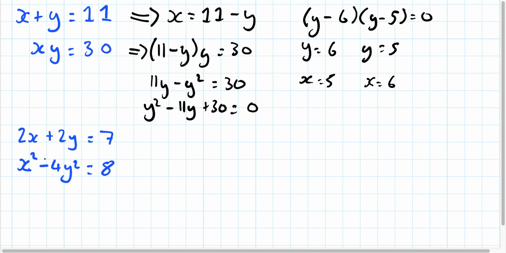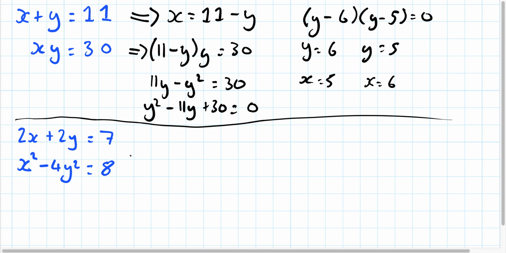Next one. Again, we're going to do the same thing. So let me just draw a line underneath here. Oops, bent line. So I'm going to rearrange this, which equals x equals 7 minus 2y.